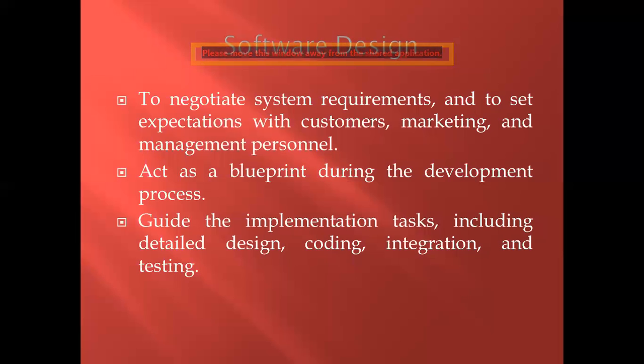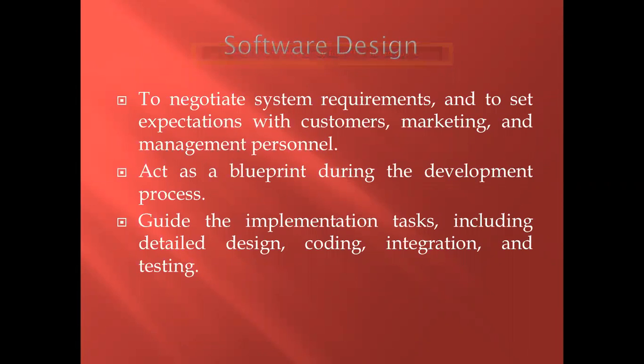So it guides the implementation task, including detailed design, coding, integration, and testing. These are the several phases which we have already studied. These are the different types of phases we need during the development of any new software.